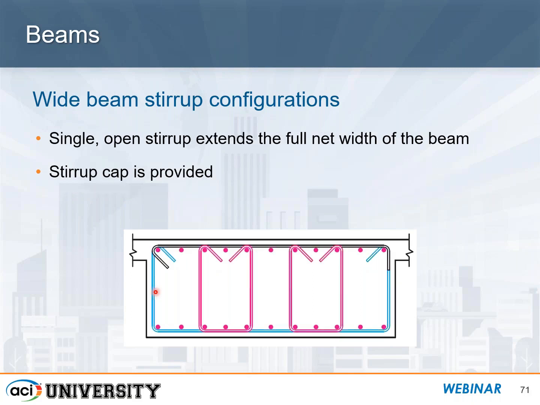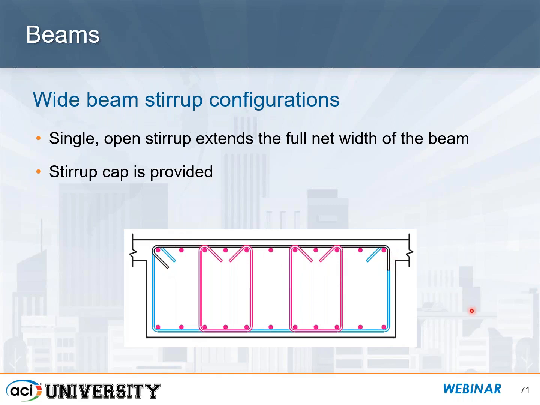What's better to do is to have this one blue outside stirrup that traverses the entire width of the beam, with 135-degree hooks around the 2 end bars. And then I'm going to show you 2 different options. One where you have these interior 135-degree stirrups around the other ones, and then a stirrup cap that traverses the entire width.